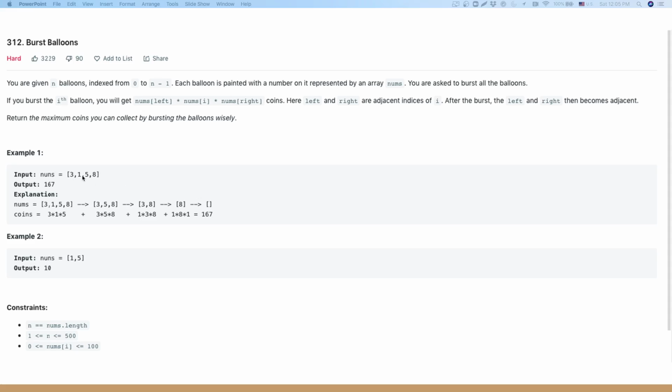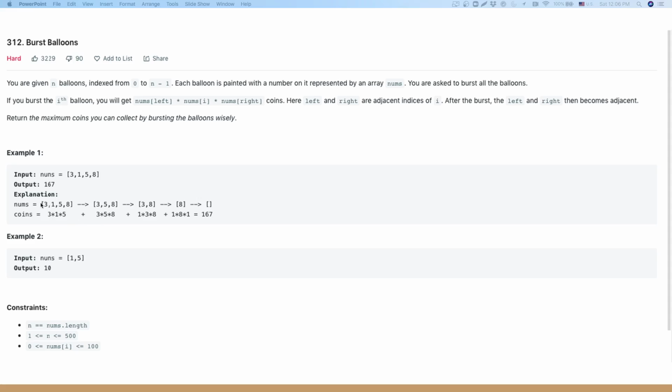If I burst 1 in this case, I'll collect coins from 3 times 1 times 5, the product of all the neighbors. If I burst 5, I'll get 1 times 5 times 8. But 5 will be burst, and 1 and 8 will remain for the next round. You can still burst 8 and collect the value from the products of its neighbors.